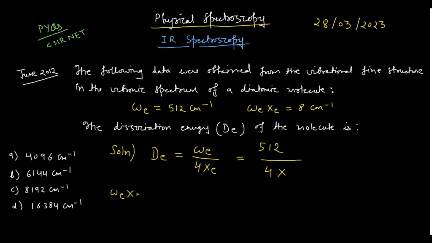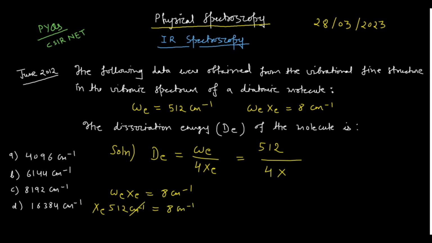omega E times XE equals 8 centimeter inverse, it is given. And omega E, as you can see, is given as 512. So instead of omega E, you can write 512 here. So it will become 512 centimeter inverse times XE equals 8 centimeter inverse.